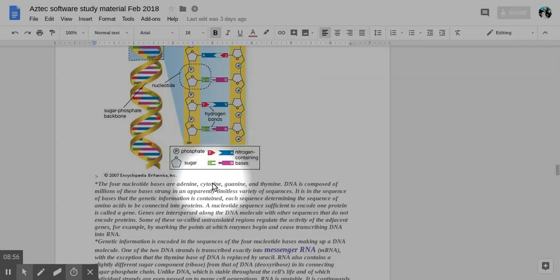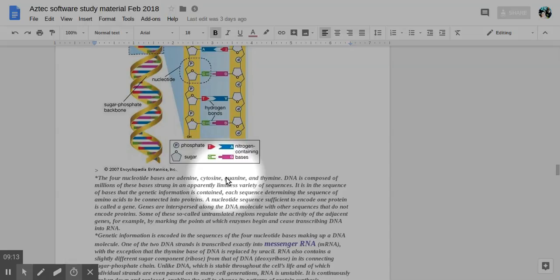One of the two DNA strands is transcribed exactly into messenger RNA, with the exception that the thymine base of DNA is replaced by uracil. RNA also contains a slightly different sugar component, ribose, from that of DNA. In DNA, it's deoxyribose in its connecting sugar phosphate chain.